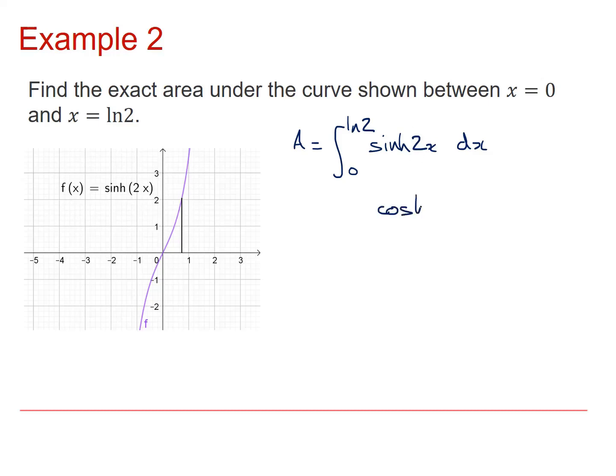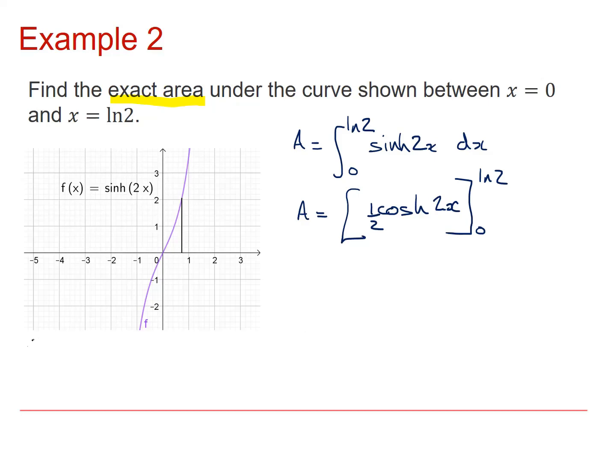I'm going to get a half of cosh 2x, and that's between 0 and log 2. Now the question said exact area, and that is sometimes code for you may not need to use your calculator. You can of course use your calculator to calculate the exact value here, and that's perfectly okay, but for the exact area we may be able to do it without.